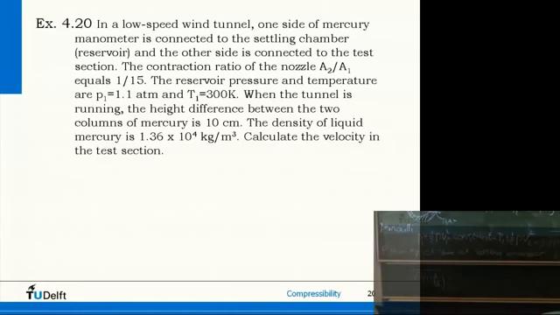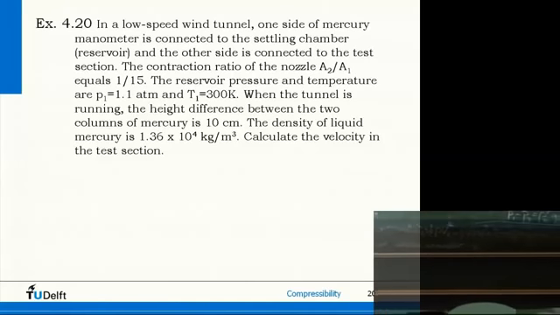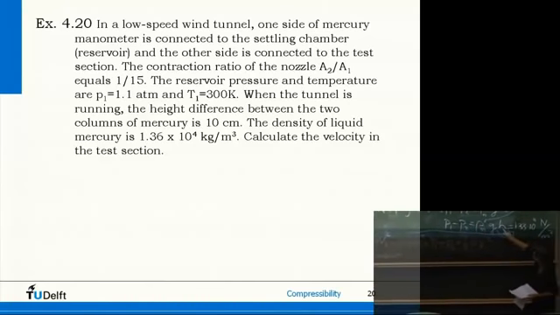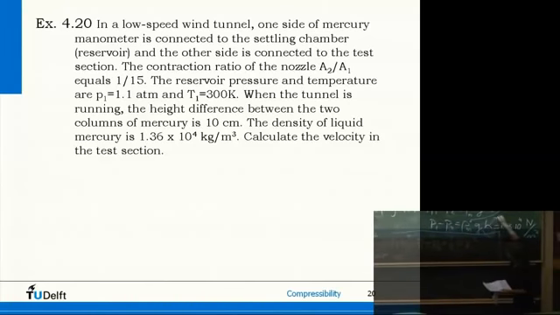You use the gravitational acceleration at Earth, 9.8 meters per second squared, and h was given to be 10 centimeters, so 0.1 meter. So if you put that in, you find that the pressure difference is 1.33 times 10 to the power 4 newtons per meter squared. So way different order than supersonic pressure differences of something like 9 atmospheres.